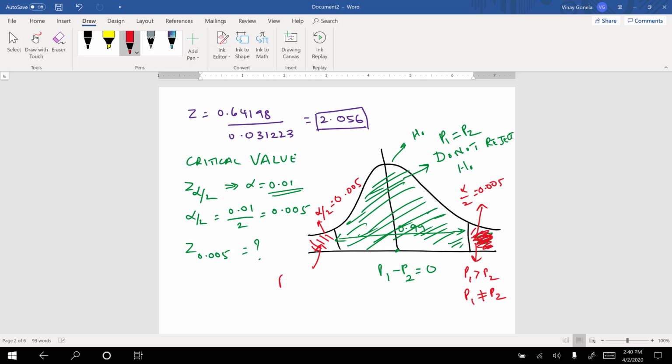And in this region p1 is less than p2 because this is the negative side of the number line, so p1 not equal to p2 will be true. So in this region I will reject H null, and again in this region I will reject H null. Now I wanted the z value at probability 0.005.